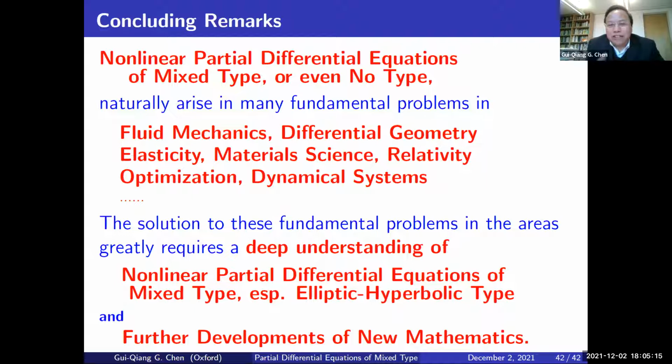If you reverse, the structure will be different. The problem is still mixed elliptic-hyperbolic, but you have to change the entropy condition. This is a very good point. With a different way, of course, it's different physics, right? This is very good mathematics.